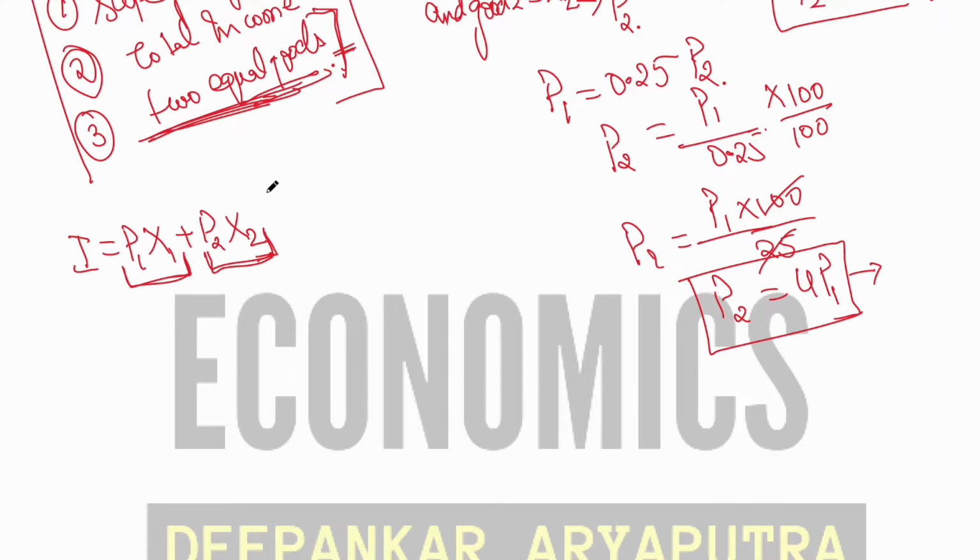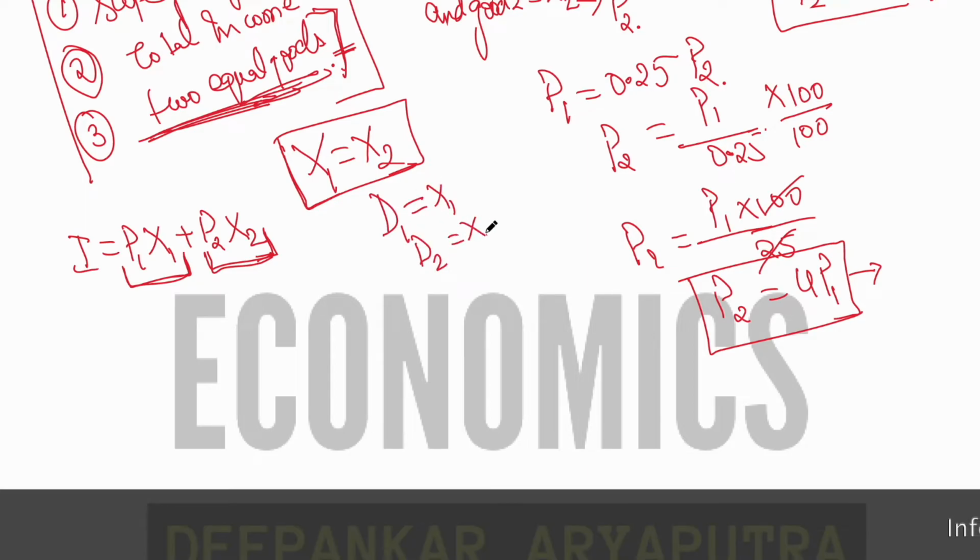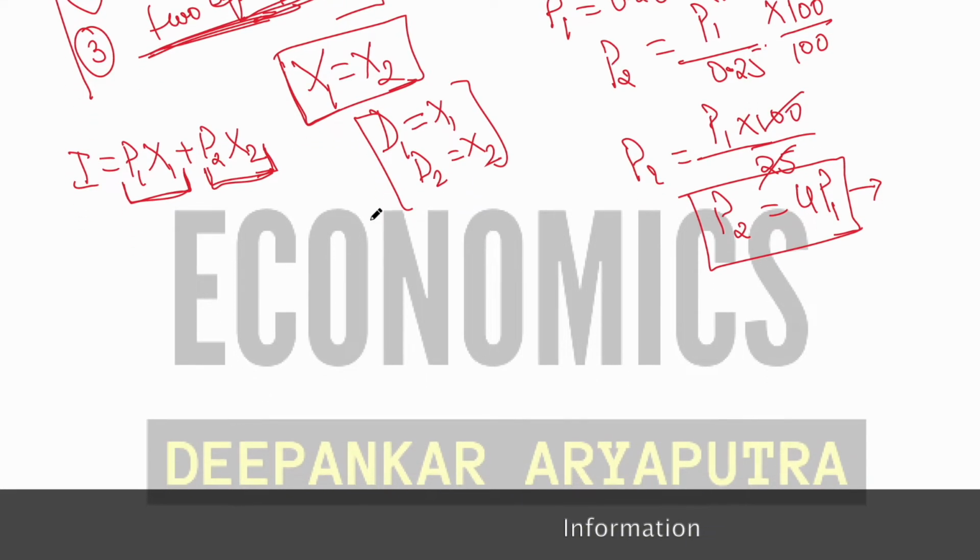This means that the amount consumed of x1 and x2 is equal, that is, x1 is equal to x2. In terms of demand, d1 is equal to x1 and d2 is equal to x2. This means the demand for good 1 is equal to the demand for good 2. This is as simple as that.